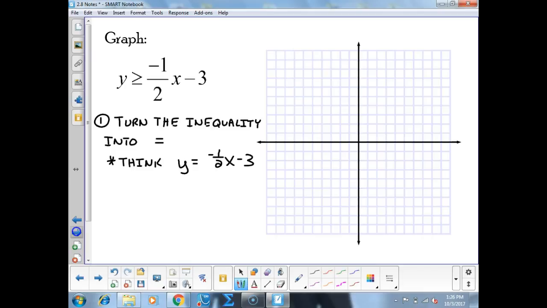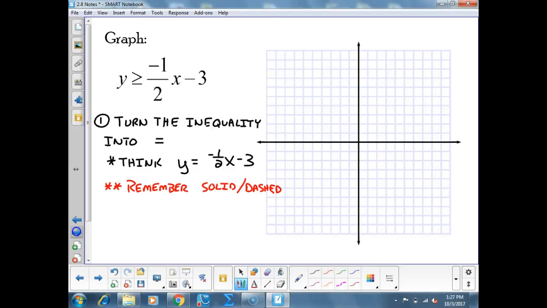But when I do that, I'm going to remember my solid or dashed lines rule. So in this particular case, is it going to be a solid or a dashed line? It's going to be solid because we have the equals component with it. So I need to graph here y equals negative 1/2 x minus 3.